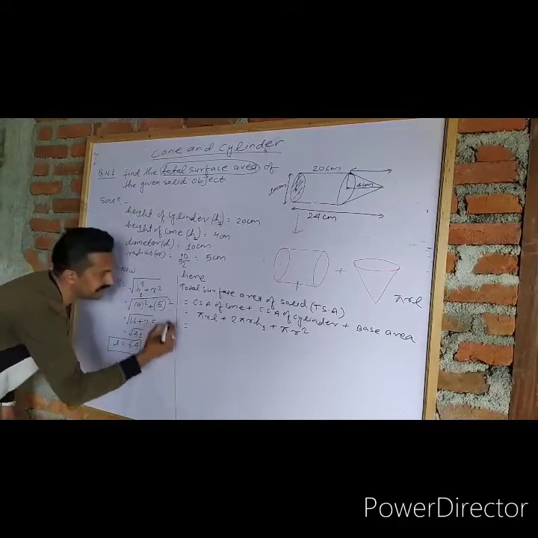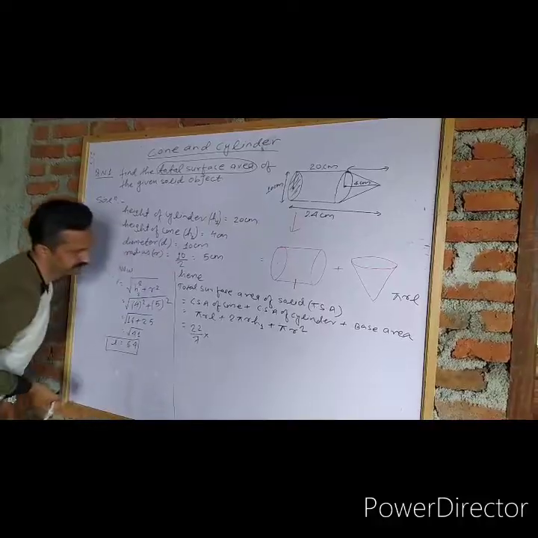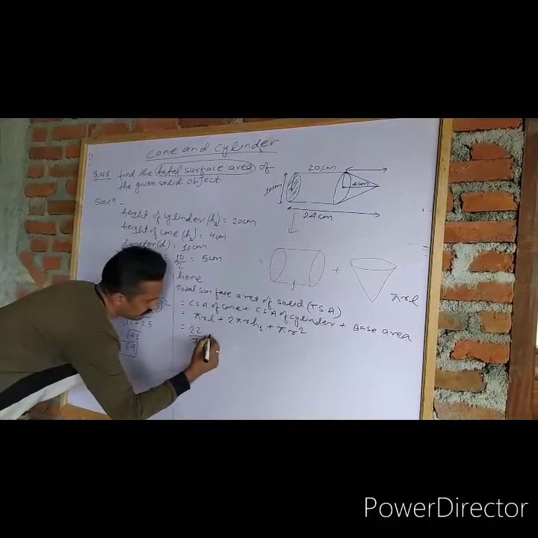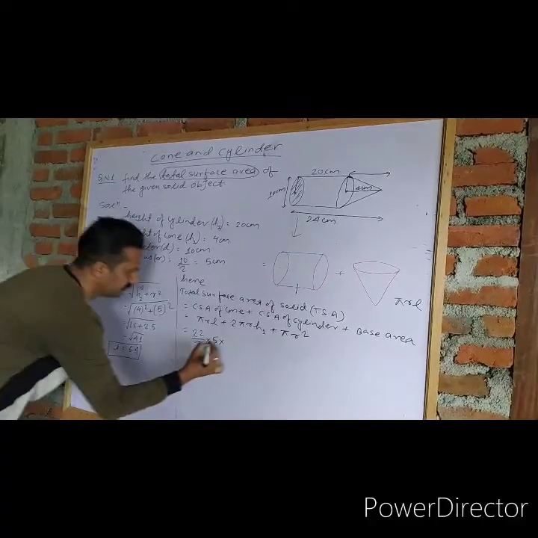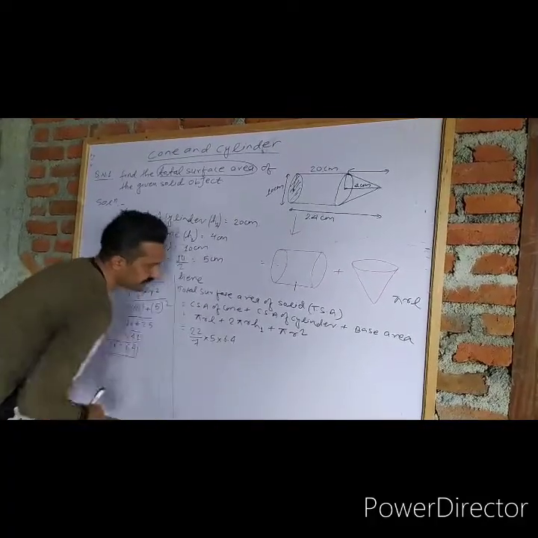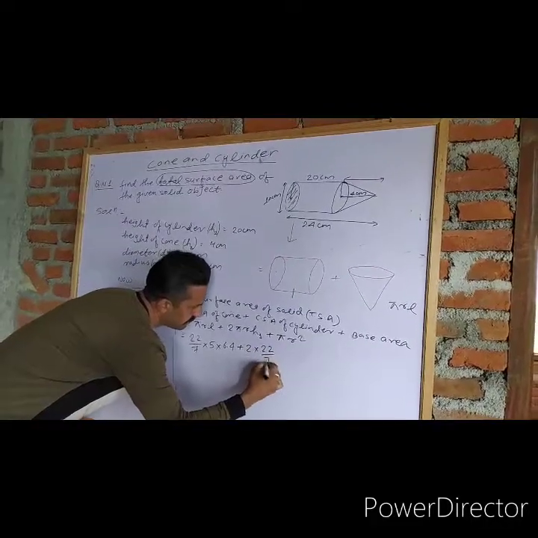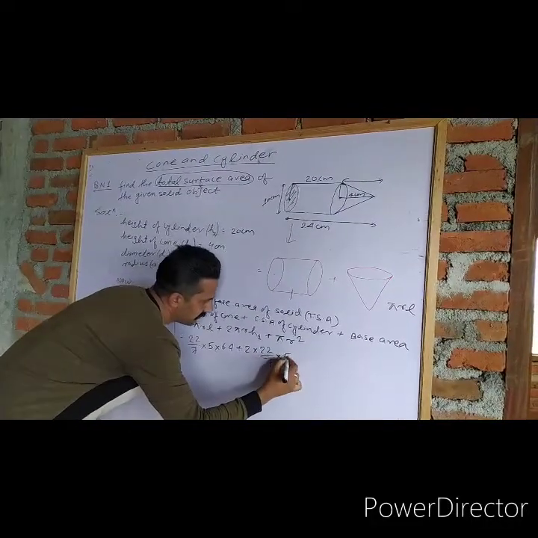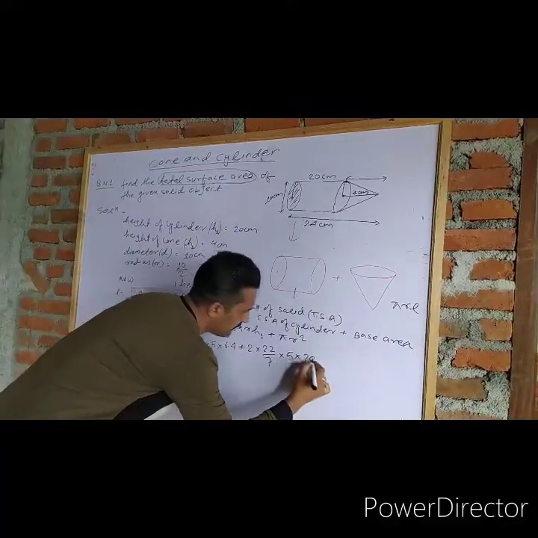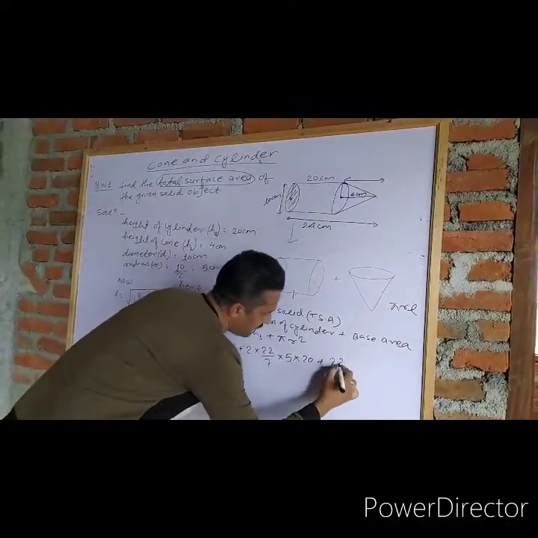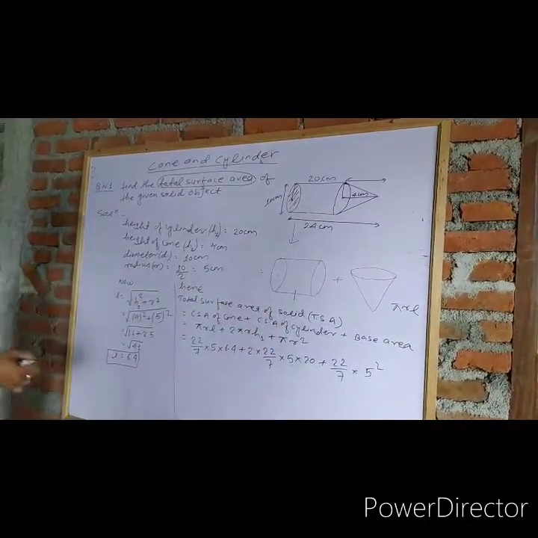Put the values in the given figure. Pi 22 by 7, r 5 centimeter. Here we get L equal to 6.4, plus 2 pi, value same 22 by 7, r also 5, h1 height of cylinder 20 centimeter, plus pi 22 by 7 into r 5 square.